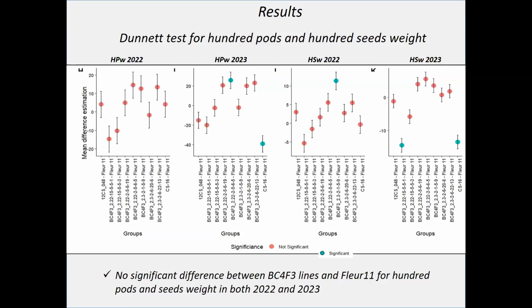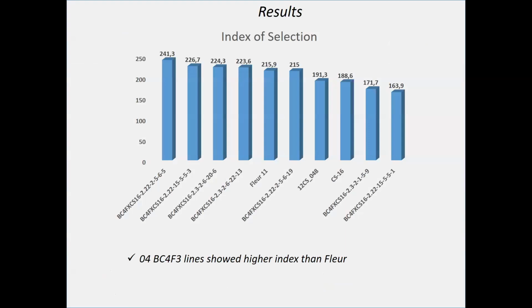So we calculated the index of selection for each line, meaning a combination between resistance and agronomic performance. We prioritize resistance, so that, as I said earlier, we gave the most weight to resistance and the other weight to pod and seed production.